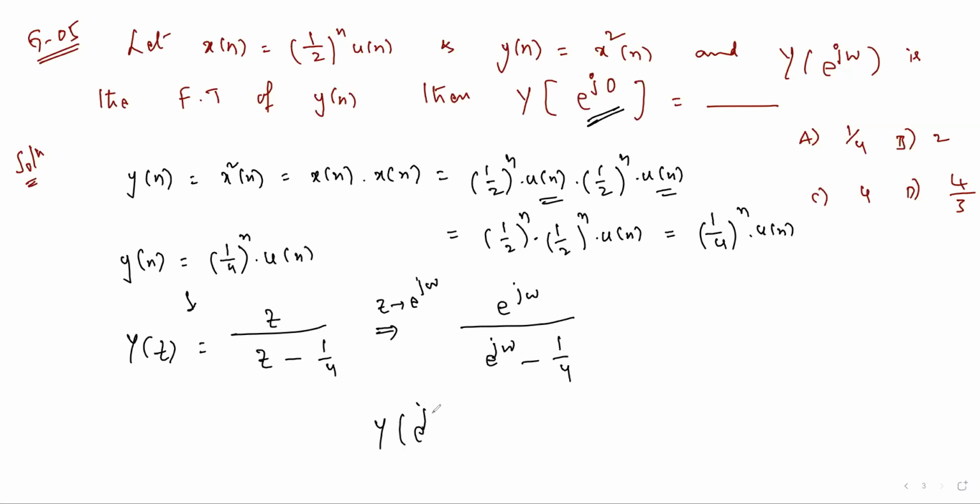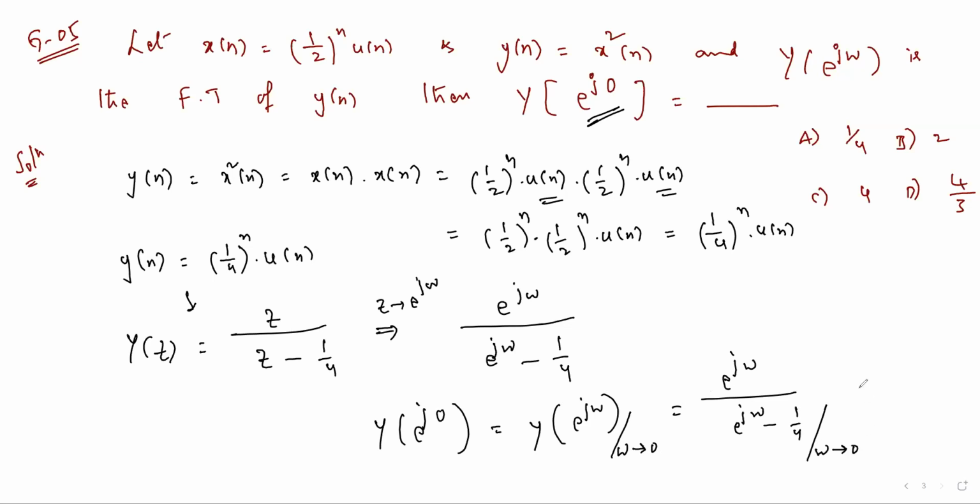So y of e to the power of j0 means y of e to the power of j omega with omega tending to 0. That means e power j omega divided by e power j omega minus 1 by 4 with omega tending to 0. That is 1 by 1 minus 1 by 4, which is nothing but 4 by 3. Option D is the right one.